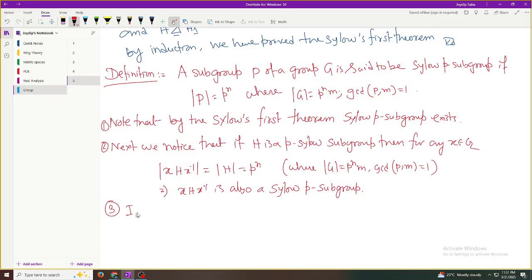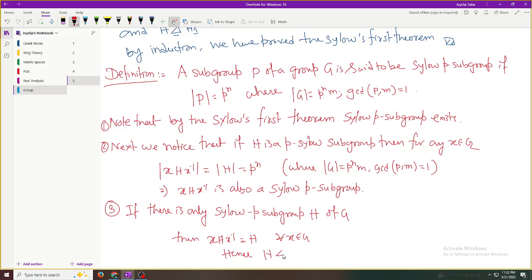If there is only one Sylow p-subgroup H of G, then xHx inverse should equal H, because it is also a Sylow p-subgroup, for all x belonging to G. Hence H is normal in G.